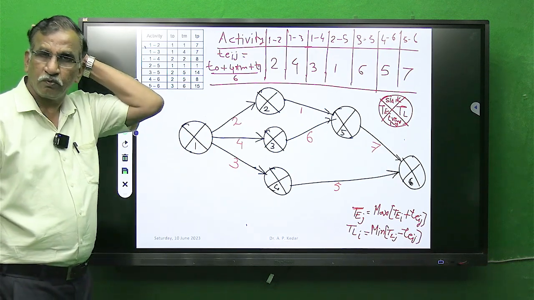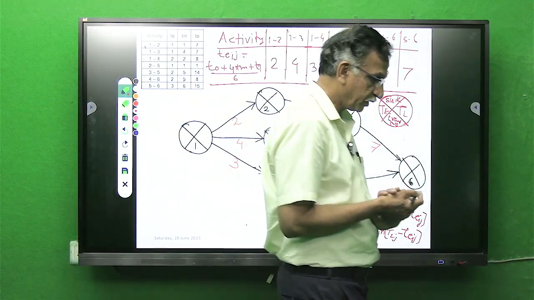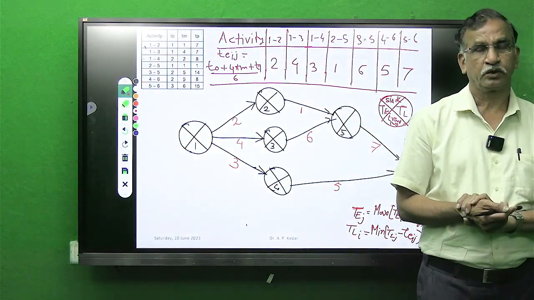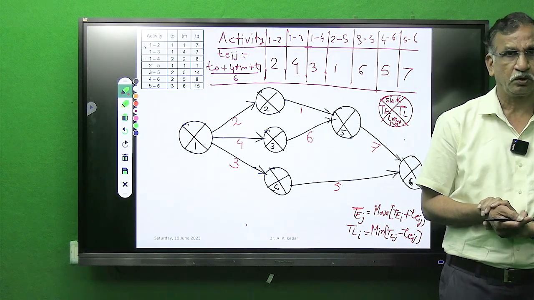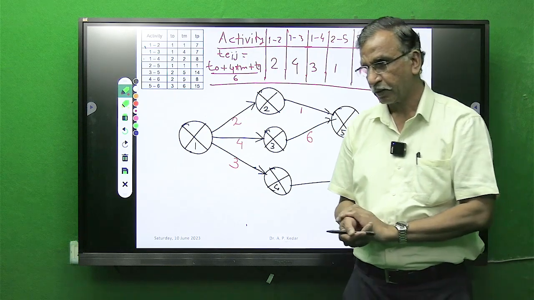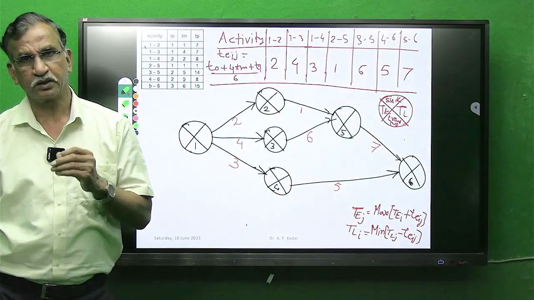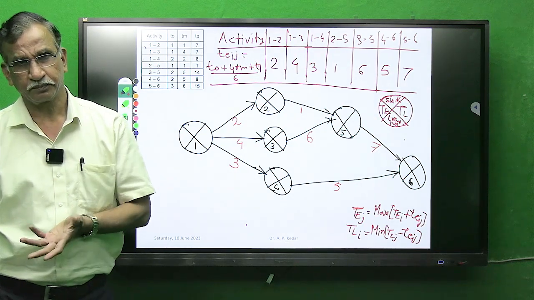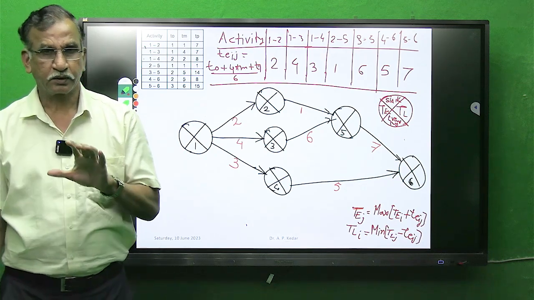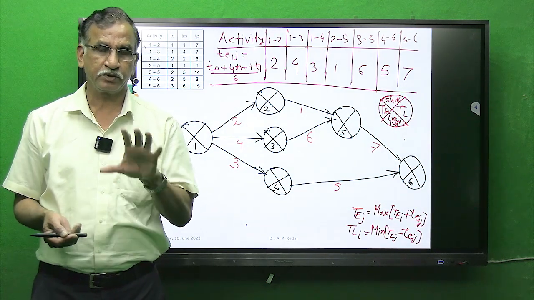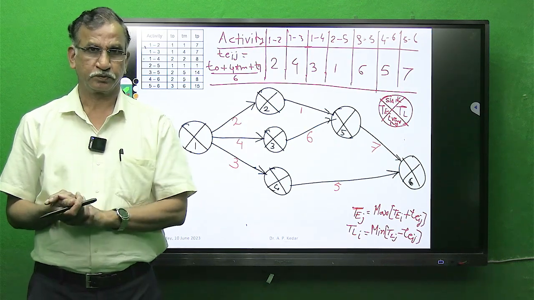Now, very simple concept. If it is a problem pertaining to project execution, any project, let it take 3 years, 2 years, 1 year, 6 months, maybe 3 months, it will start at some point of time, and that point at which the project starts is the zeroth point.